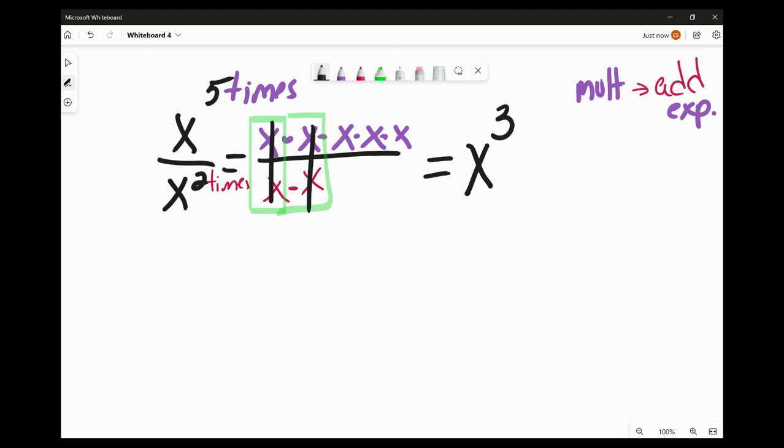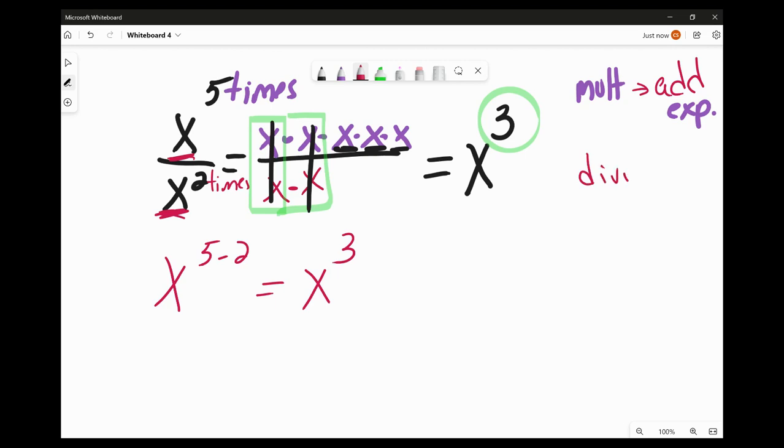They all have the same base, and it's multiplied 3 times, so that's what I would use for an exponent. If I'm following the division rule, as long as they have the same base, which they do, both x, you can subtract. So I could have done x to the 5 minus 2 power, and that would give me x to the 3rd power. So when we divide, we subtract the exponents.